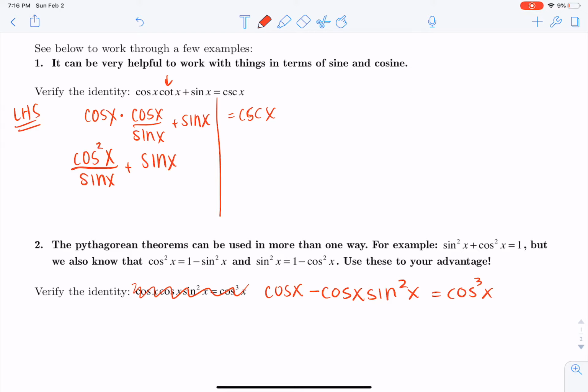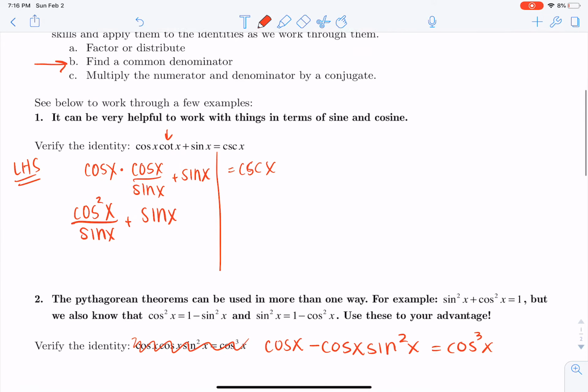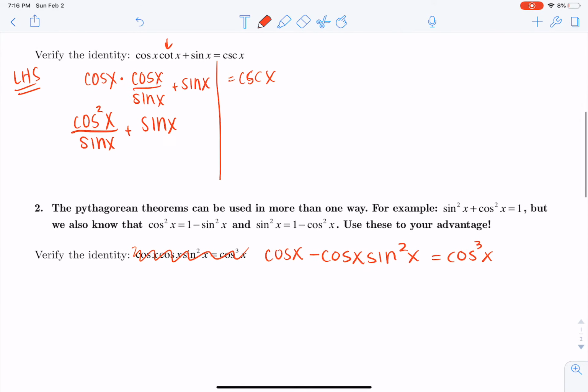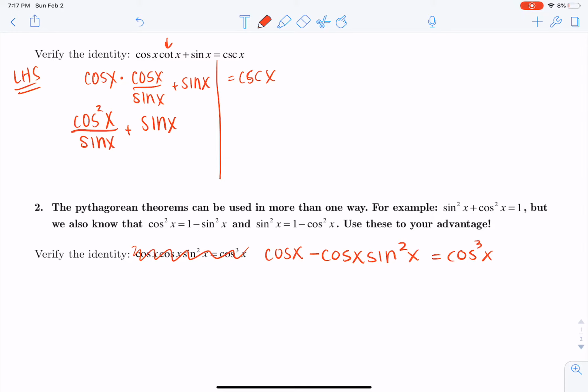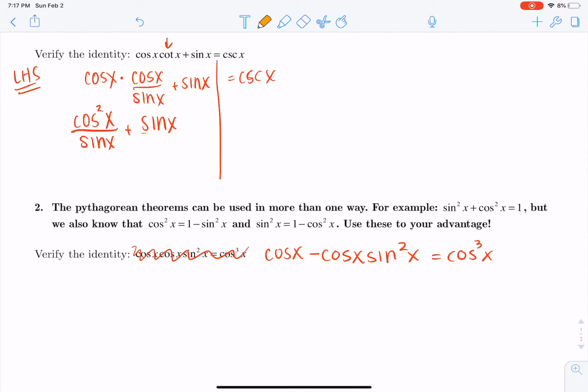And the next thing that I want to do is create a common denominator, which you can see is actually here in tip or trick number 3. So I'll make this sine of x and sine of x. So I'll end up with cosine squared x over sine of x plus sine squared x over sine of x.